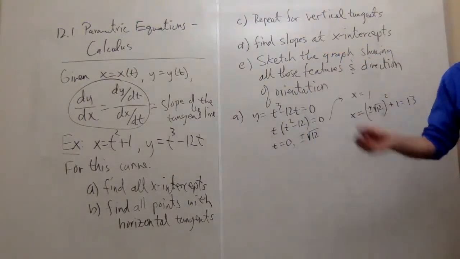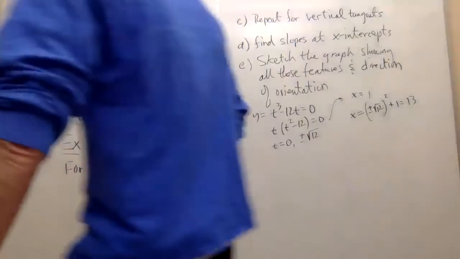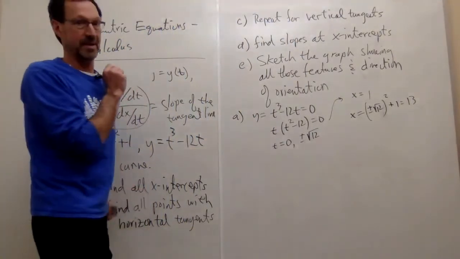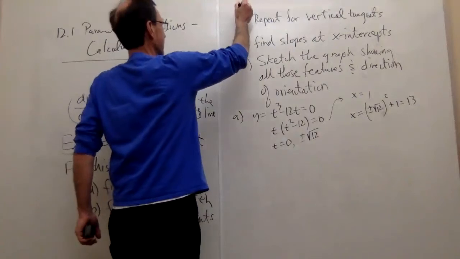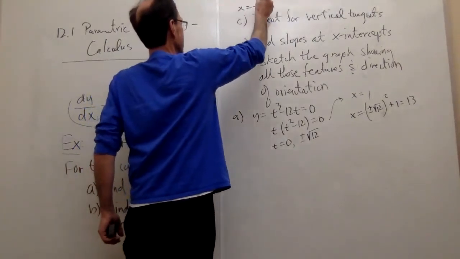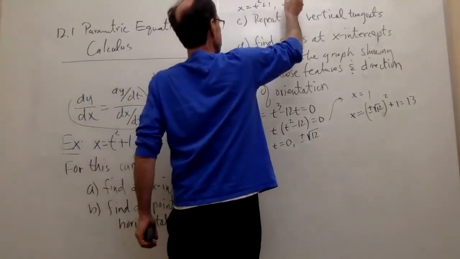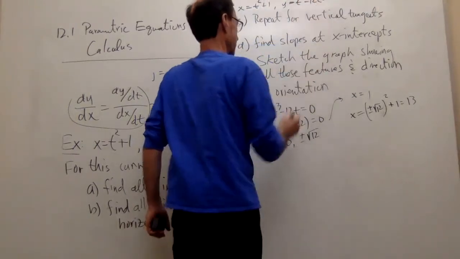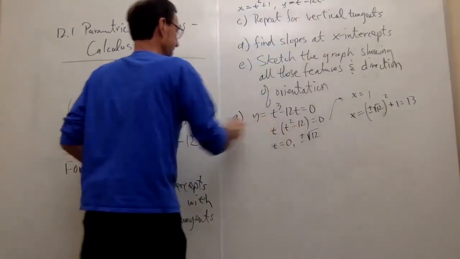I think what I'm going to do is erase this side so we can keep track of this information as we get it. And maybe let's write our equations up here so we don't lose track of them. t cubed minus 12t. So it's written right there, the y.